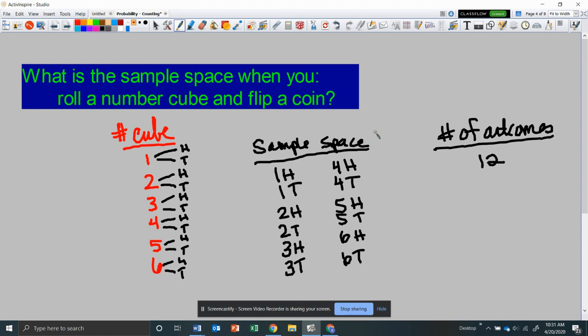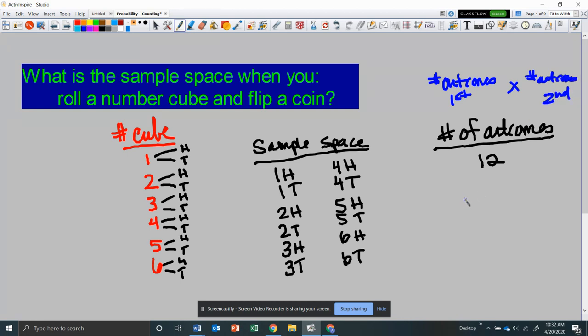Sample space is where I'm asking you what all the different things are that can happen when you put these 2 events together. And the number of outcomes is just saying how many things can happen. Now, number of outcomes is kind of cool. You can figure it out easily without making the whole sample space. You just do the number of outcomes in the first event times the number of outcomes in the second event.